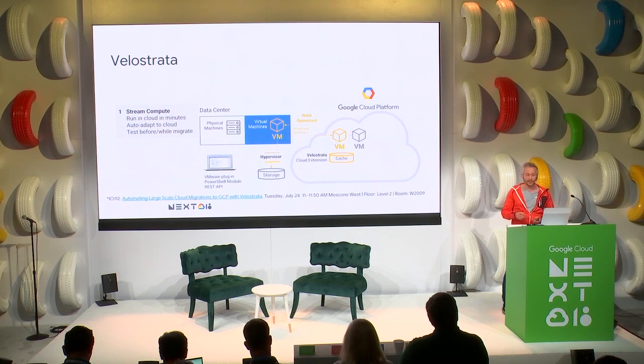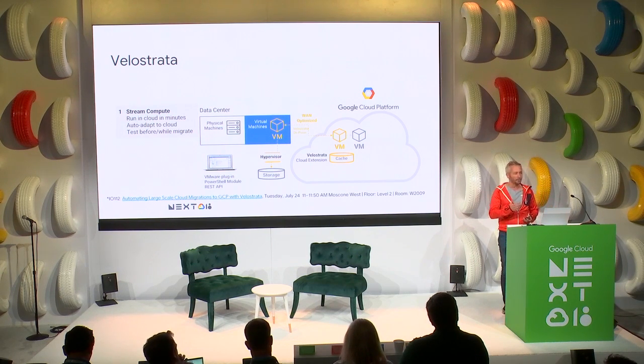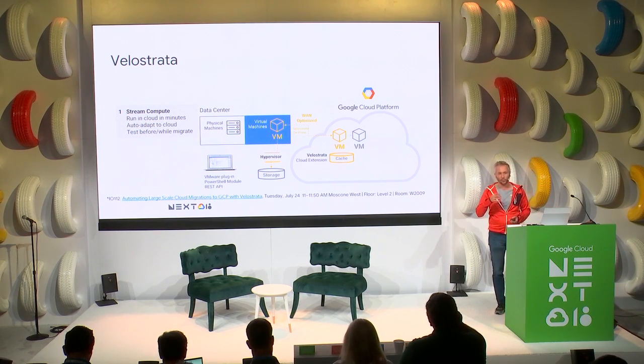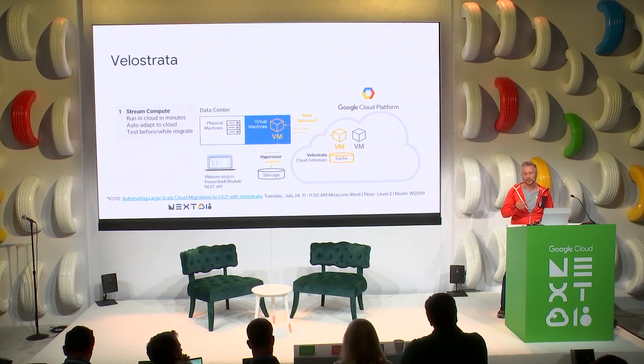While the operating system boots, it is adapted on the fly to meet the cloud environment requirements, and then streaming starts. So only the data that you need to work with your workloads in the cloud is streamed to the cloud. This technology is called intelligent streaming, and after a few minutes, you can already use your compute resources in GCP.